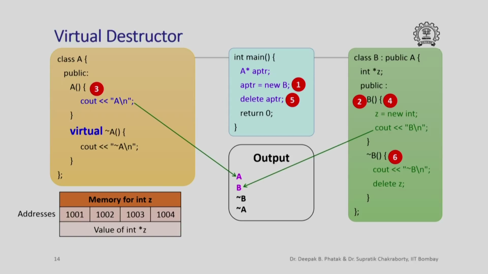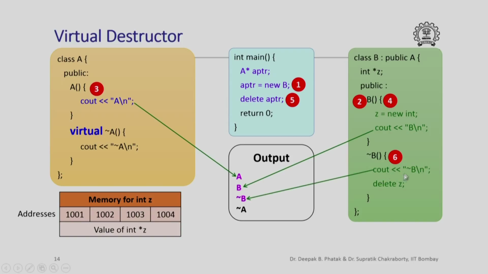And if you remember from an earlier lecture, when we are calling a destructor of a derived class, first the statements in the destructor of the derived class are going to get called, then the statements in the destructor of the base class are going to get called. So that is exactly what is going to happen here. When I call the destructor of B, first the statements in its body are going to get executed.